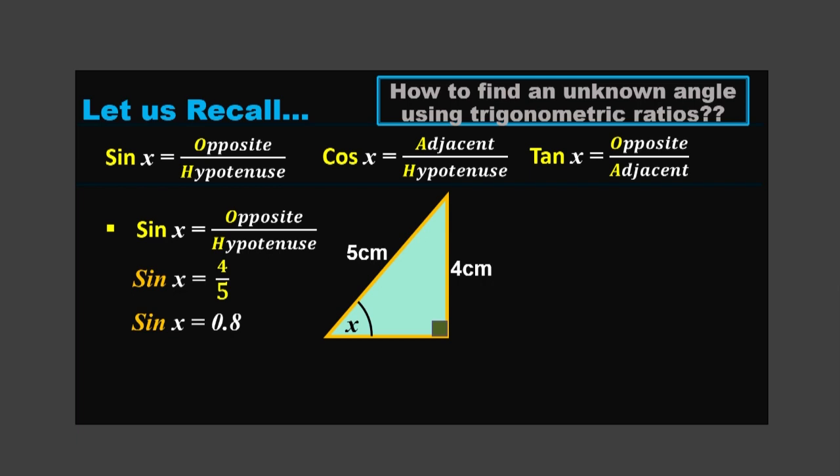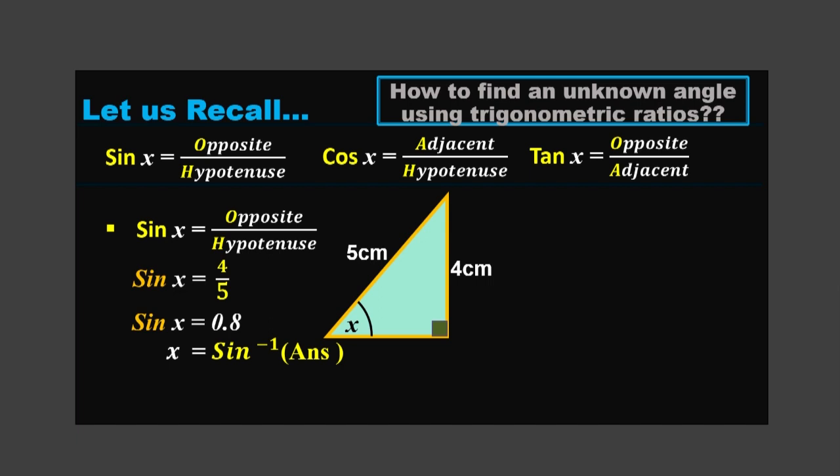But the question under consideration is you need to find the size of angle x. Now how can you do that? You can find it using sine inverse. How many of you do remember how to use sine inverse? So for those who have forgotten how to use sine inverse, I can give you a small explanation.